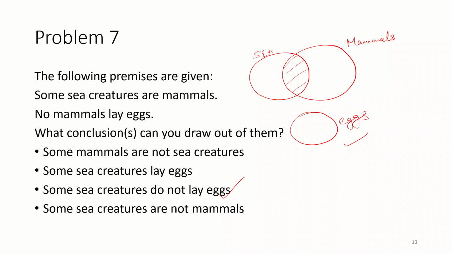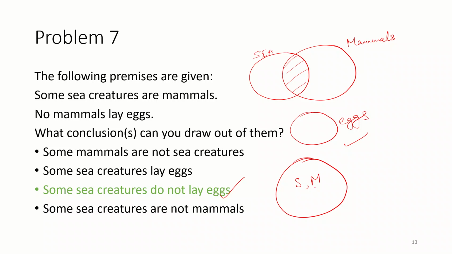Some sea creatures are not mammals. Yeah, I think that also is correct. So the thing is, we forgot the condition of sea and mammal. They can also have both these conditions.